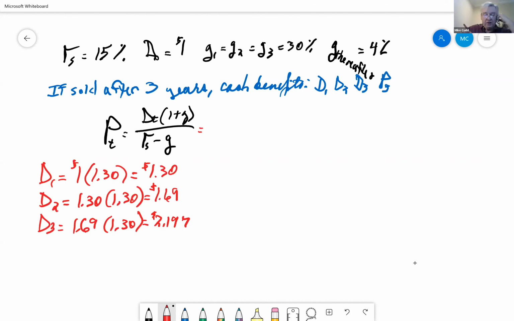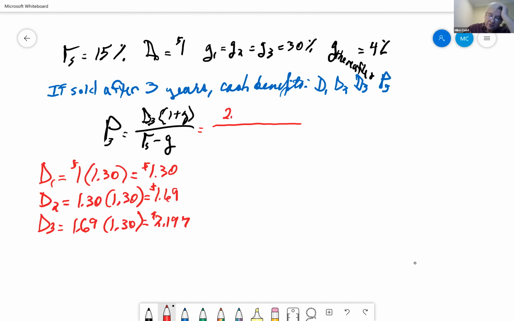So to get the value of the stock in year 3, we take the dividend in year 3 times 1 plus that constant growth rate.